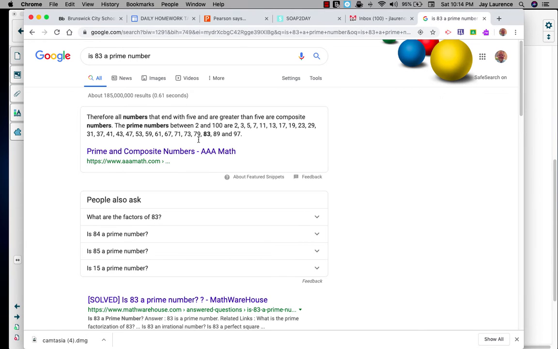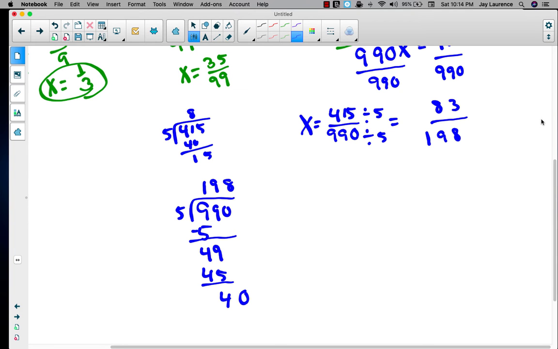And let's see here. Yep, it sure is. And so when it's a prime number, if you recall, that means the only factors it has are 1 and itself. And I know 83 is not going into 198, because if I multiply 83 by 2, I'm going to get 166, and then there wouldn't be room for another 83 in there.